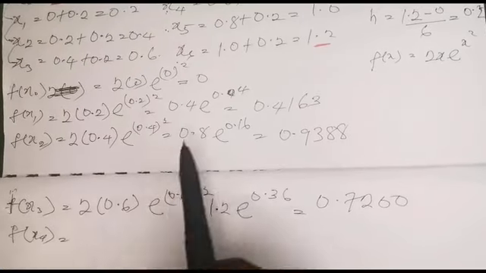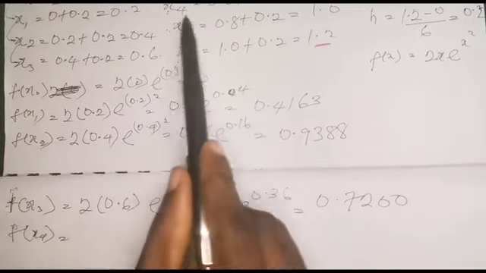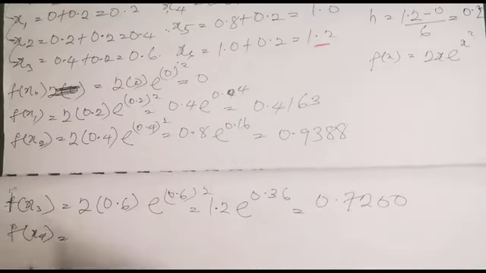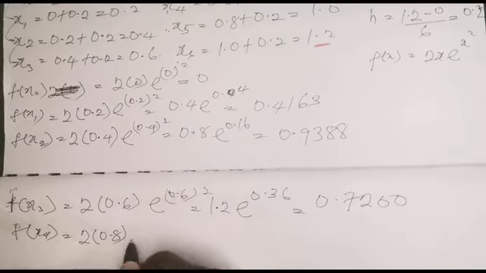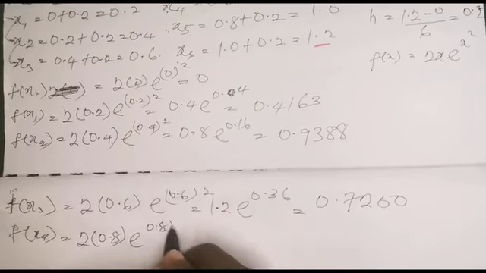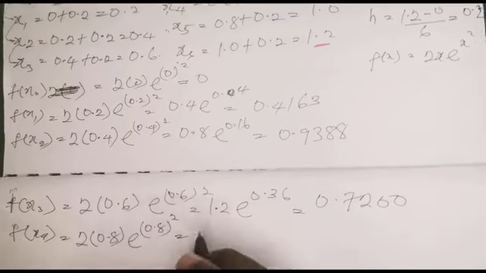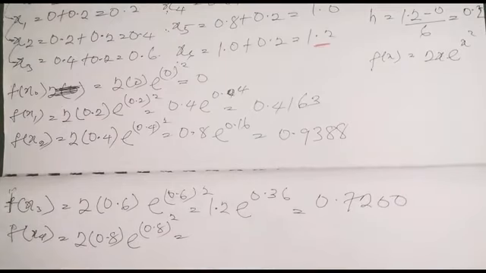Okay. So next we find f of x4. Not forgetting we obtained x4 to be 0.8. So f of x4 becomes 2 times 0.8 exponential 0.8 all squared. So 2 times 0.8 simply gives us 1.6.